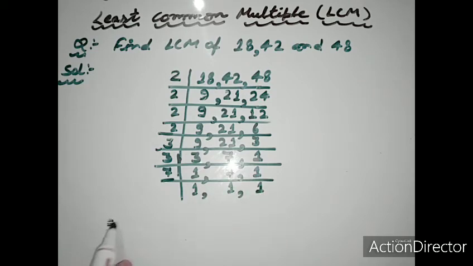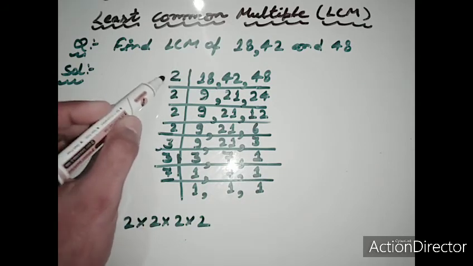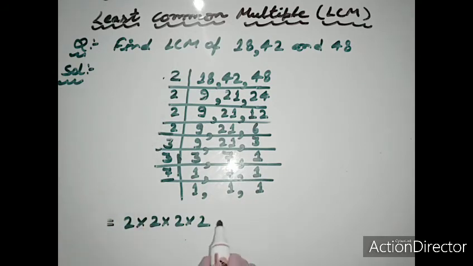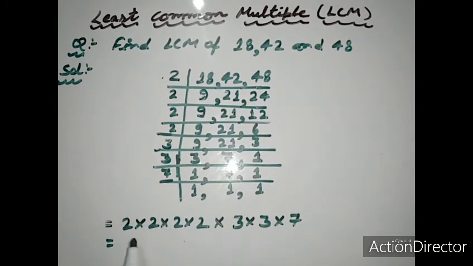Now here we write all these numbers: 2 multiply by 2 multiply by 2 multiply by 2, total 4 times, 1 2 3 4. Now after that 3 multiply by 3 multiply by 7. Now we multiply all these numbers here. 2 2s are 4, 2 4s are 8, 2 8s are 16, 16 3s are 48, 48 3s are 144, and 144 7s are 1008.